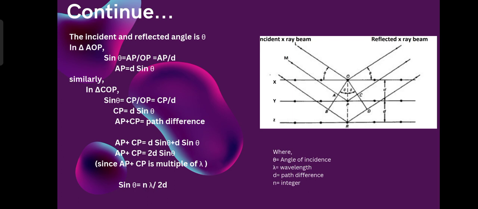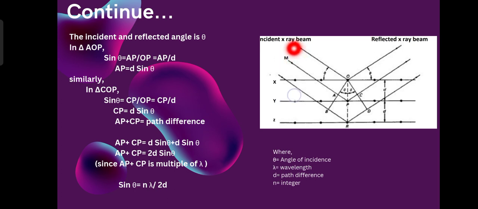And the distance between the planes is referred to as interplanar distance. Previously we have defined the distance between the 2 planes, that is represented by D, that is referred to as interplanar distance. Now L represents the incident radiations, the LM represents incident radiations.